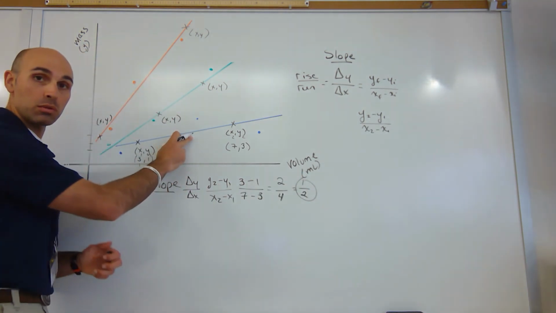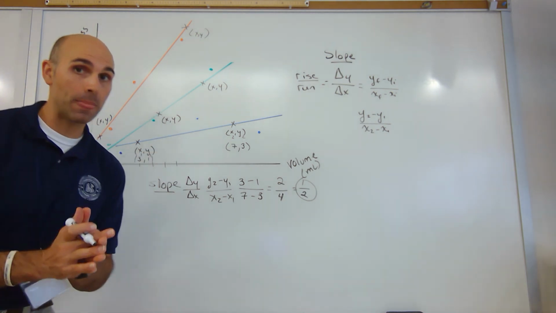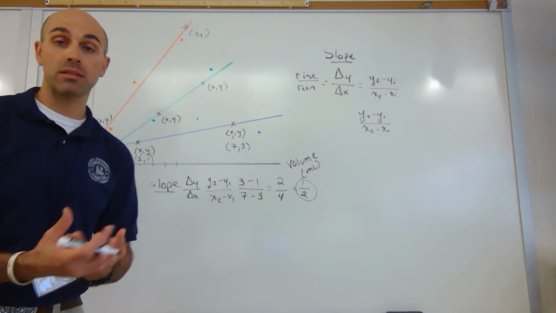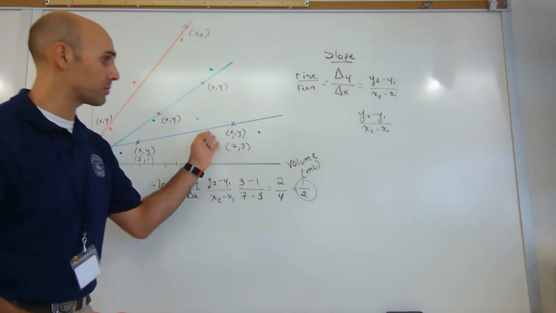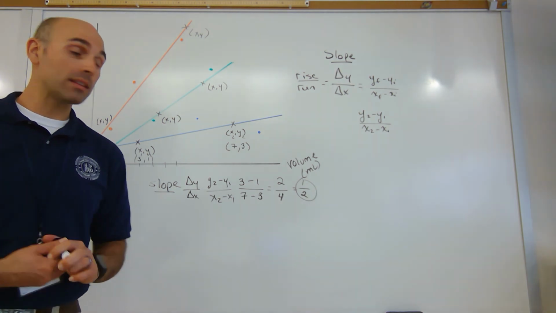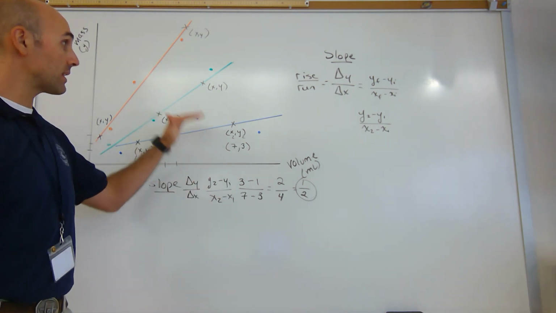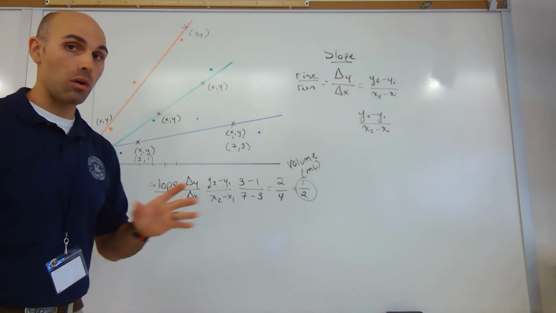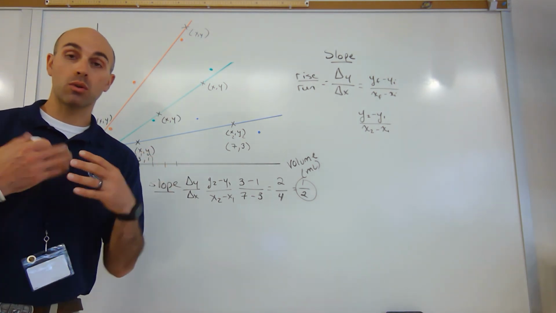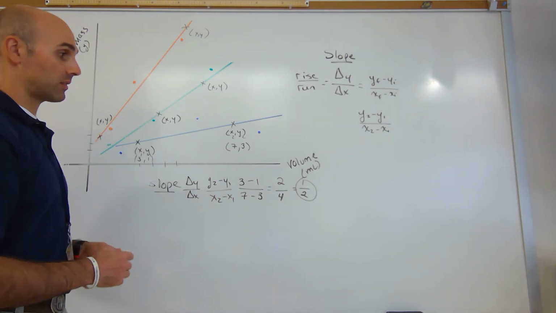So the slope of this blue line, according to my numbers that I made up, would be 1/2. You are going to have defined numbers based on your graduations and based on your data points. You are going to need to find me the trend lines as well as the slopes for all 3 sets of data.